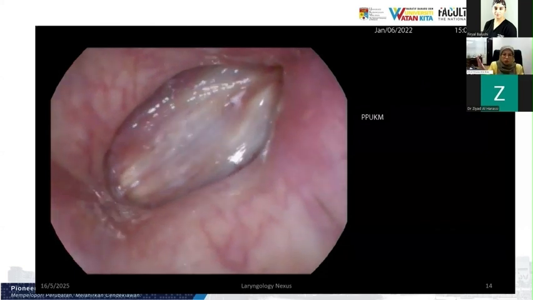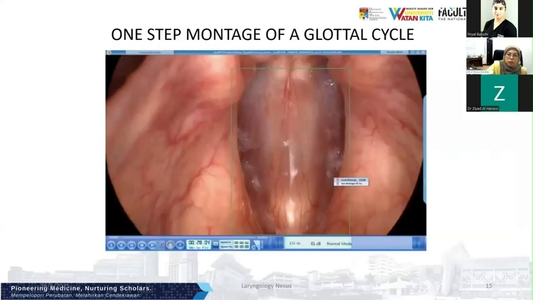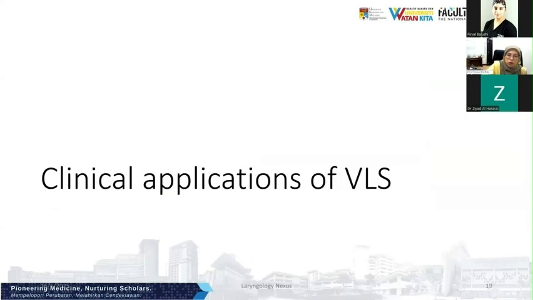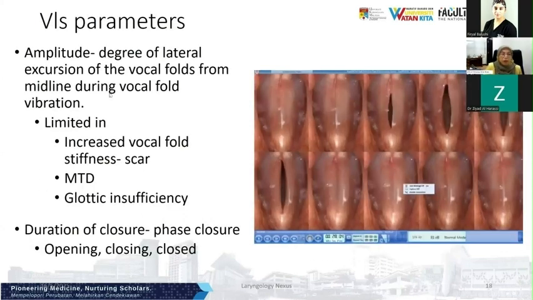So that is amplitude. This is how the amplitude of the mucosal wave looks in a normal vocal fold. In some cases, such as scar, muscle tension dysphonia, where the false vocal fold is pushing the true vocal fold, or in a patient with glottic insufficiency, you would see that the excursion or the amplitude of the vocal fold will be reduced.